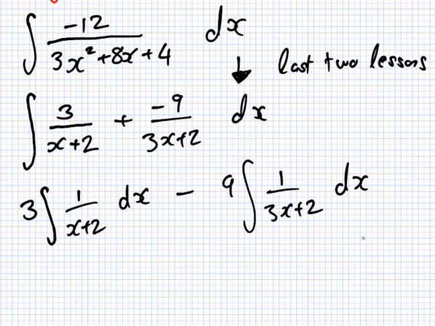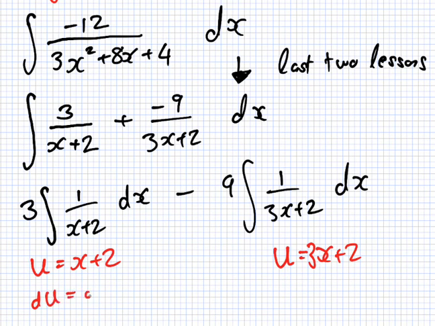If you remember from our lesson on the substitution method, we say let u equal x plus 2, and in this one I'll use the same letter but it's like a separate problem, u equals 3x plus 2. So here you get du dx equals 1, so du equals dx, and then here du dx equals 3, so du over 3 equals dx.